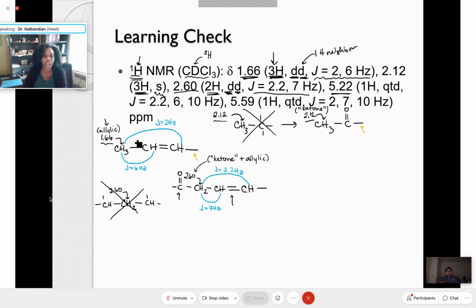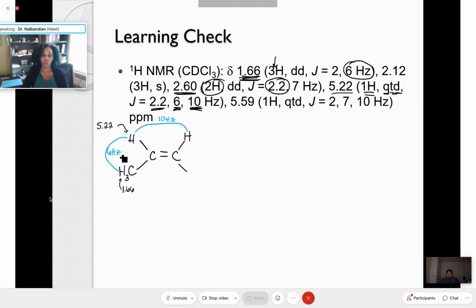If we go back here, it was this CH3 beside a carbon with a hydrogen on it. So I know what this hydrogen is now. If I'm seeing 6 hertz here, and I'm seeing 6 hertz here, I know that I'm talking about the same thing. So I'm seeing 1.66 and I'm seeing 5.22, because I'm seeing it from the other side. So for 1.66, those 3 hydrogens, 6 hertz, go here. 1.66, 3 hydrogens, 6 hertz to 5.22.